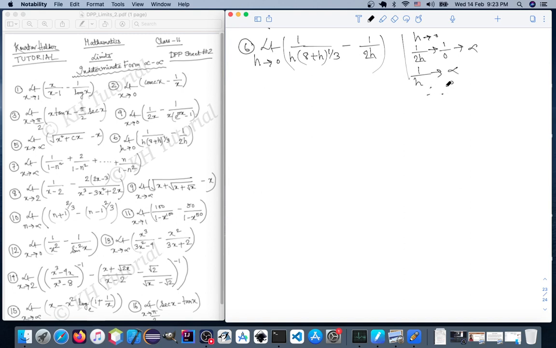So this is of the form infinity minus infinity form. Now we need to simplify this term to translate this to a 0 by 0 form. We have a plus 3 to the power 1 by 3. Okay, we have h common.